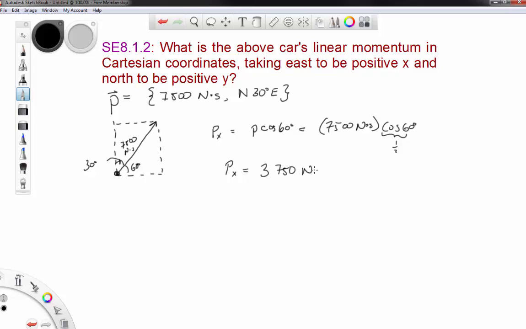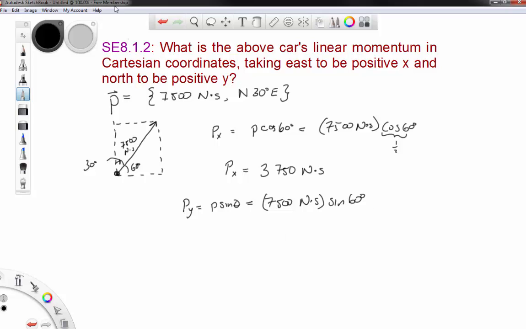3,750 Newton seconds. Similarly, for py, we would use p times the sine of theta, this being theta, this being basically phi. So that's 7,500 Newton seconds times the sine of 60 degrees.